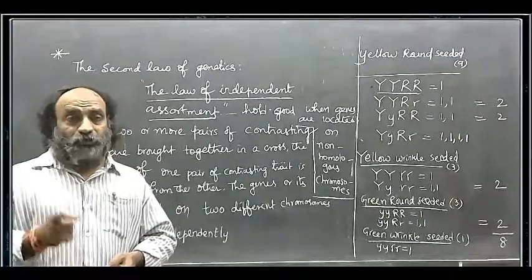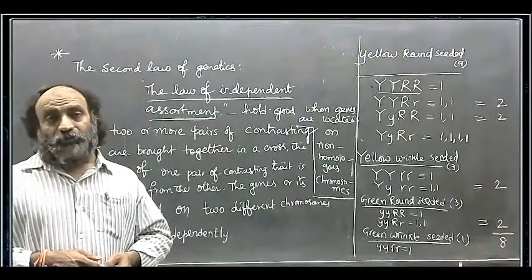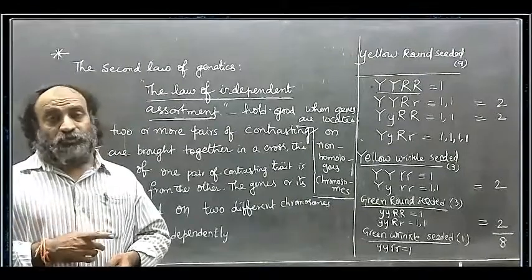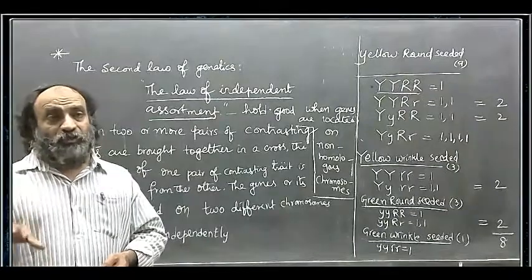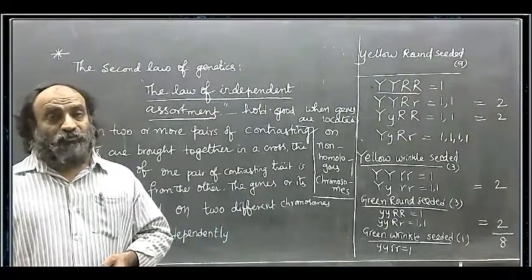The law of independent assortment, let me repeat, holds good when the genes or its alleles are located on non-homologous chromosomes.